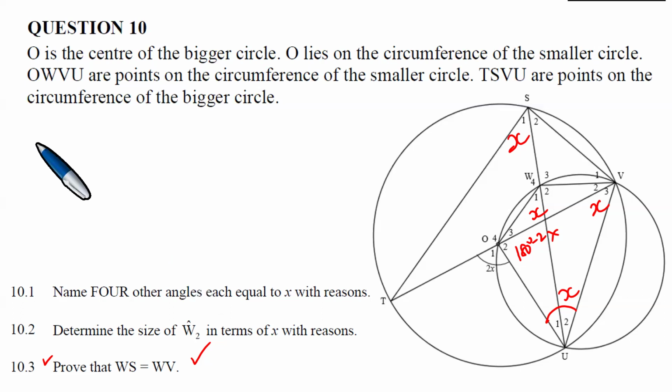We need to prove that WS is WV. Right, your take. You have 2 minutes with Tando, with Peralelo. Peralelo and Tando, you think about it.